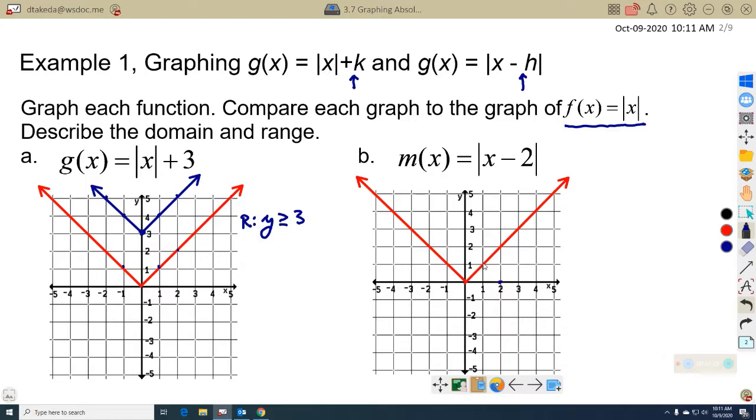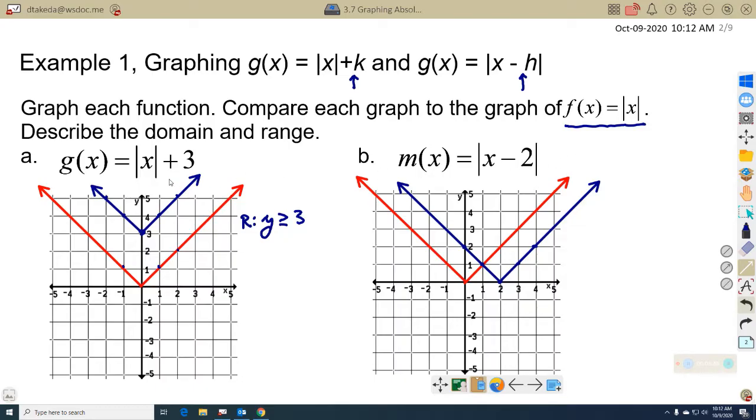This point at 1, 1 becomes 3, 1. This point at 2, 2 becomes 4, 2. This point at negative 1, 1 becomes 1, 1, and so on. So this graph will look like this. This is a horizontal translation 2 units to the right.